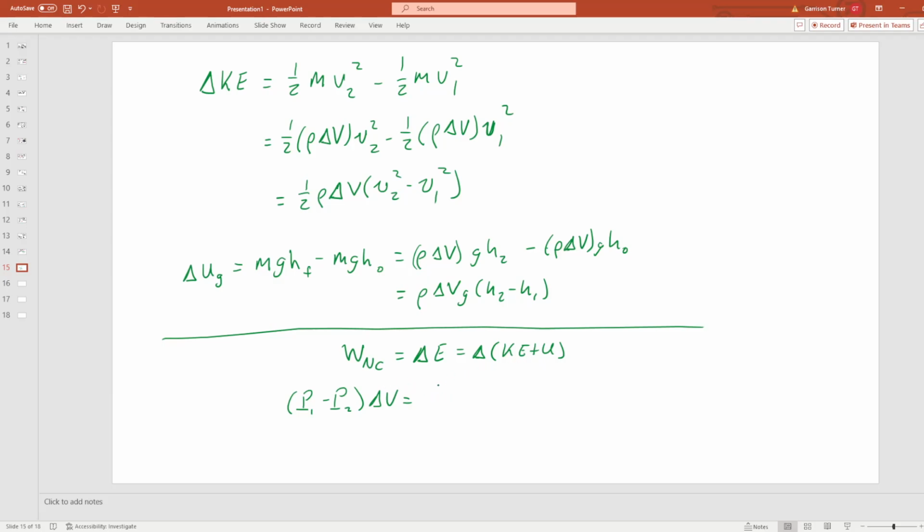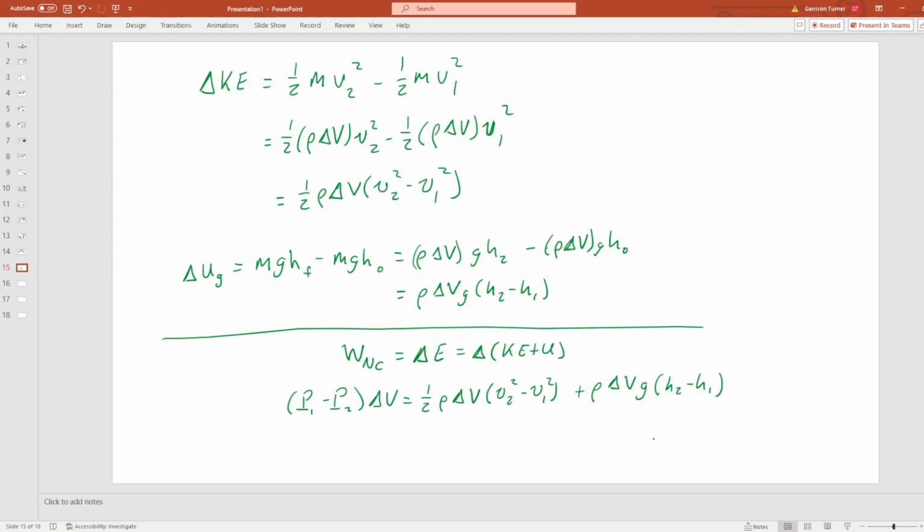So this is going to be 1/2 rho delta V (V2 squared minus V1 squared) plus rho delta V times g times (h2 minus h1).